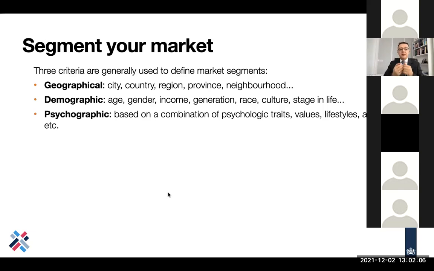Then there is a second criterion, demographic. This is where we look at populations and their characteristics: age, gender, Generation X, Generation Y, Generation Z, millennials, all these things, race, culture, stage in life.